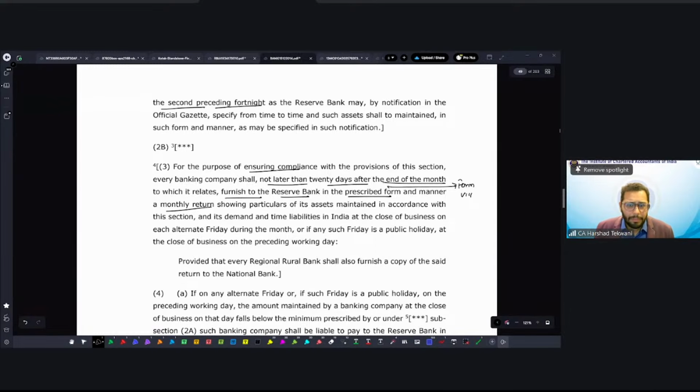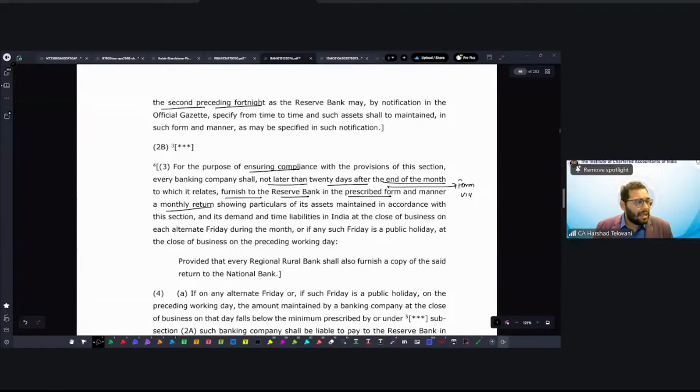And there are other parts of this provision which talk about what if it is a holiday, what if it is a public holiday. A detailed requirement is there which is required to be followed with respect to this.